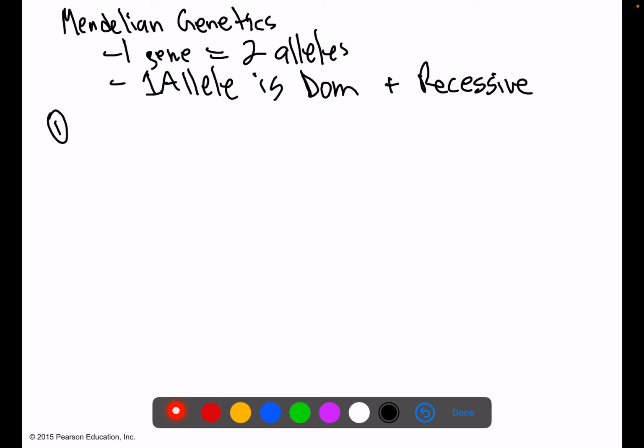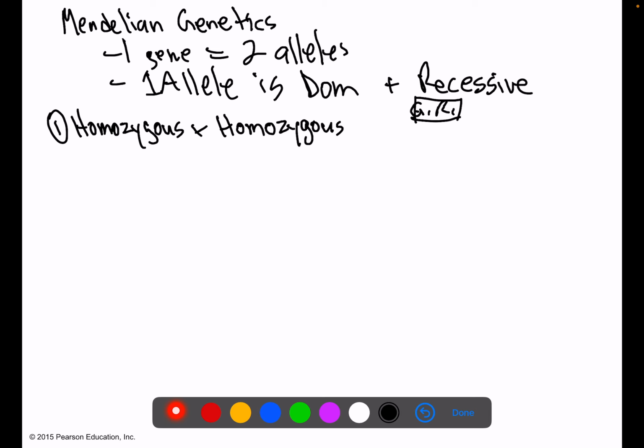First cross, homozygous cross with homozygous. And it doesn't matter what kind of homozygous we're talking about, dominant or recessive. If you cross a homozygous with a homozygous, your genotype ratio is going to be 1 to 0, and your phenotype ratio is also 1 to 0.